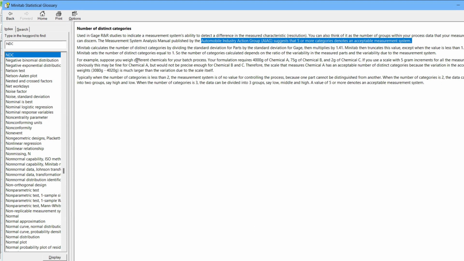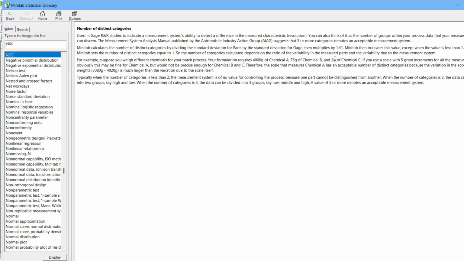So for example, suppose you have different chemicals for your batches. Your formulation requires 4,000 gram of chemical A, 75 gram of chemical B and 2 gram of chemical C. Let's say 3 combinations here. If you use a scale of 5 gram for all the measurements, obviously that may be fine for chemical A, but may not be precise, because here you're talking about 4,000. 5 gram may not be much significant there, but here 5 gram is a big thing.